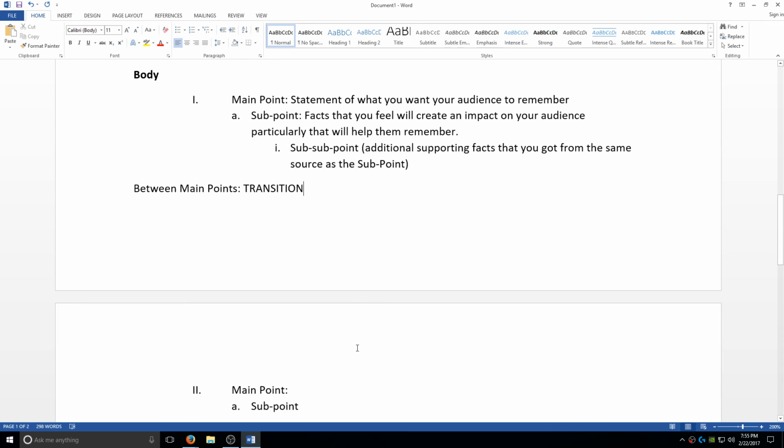So what is a transition? A transition consists of two parts. One is what we call an internal summary. And the other is an internal preview.